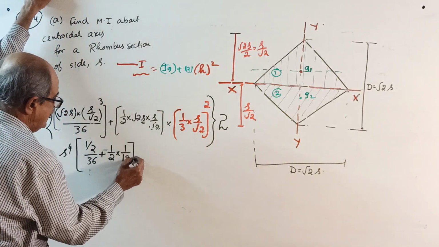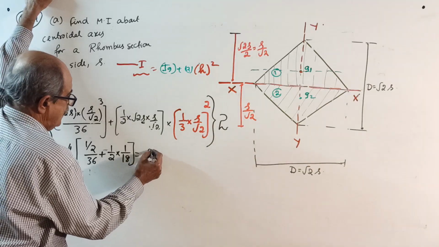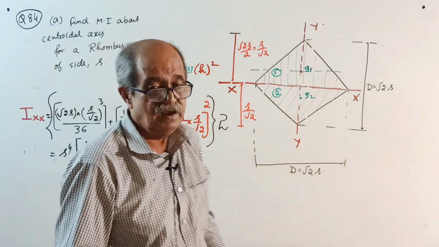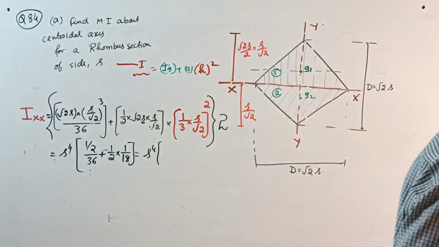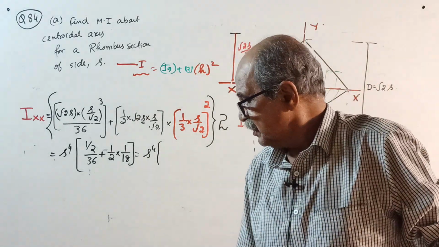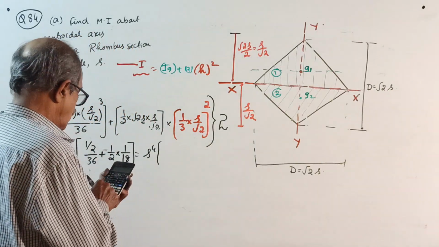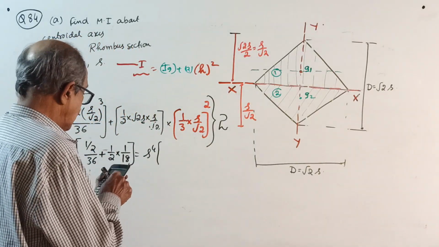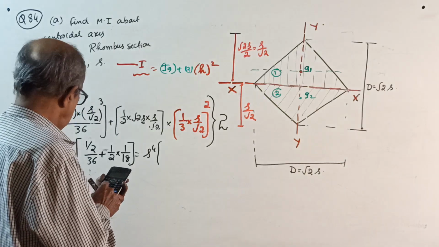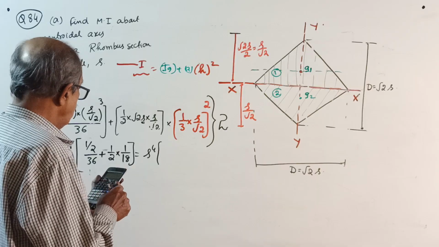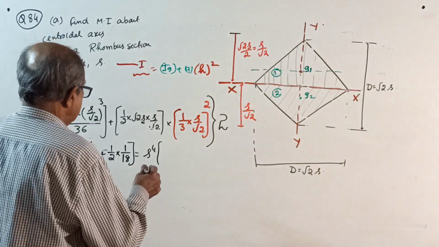1 by 18 equals s power 4 into, operate the calculator for this one. Take your calculator and operate. Where is my calculator? It's here. It is 1 by 72 plus 1 by 36, which is 1 by 24, multiplied by 2 is there.